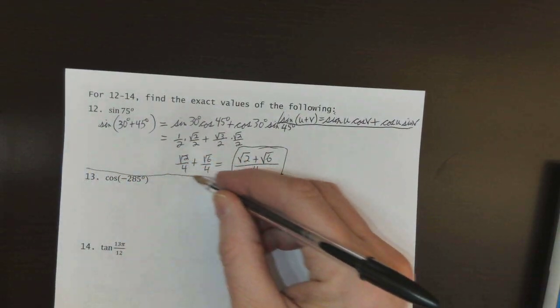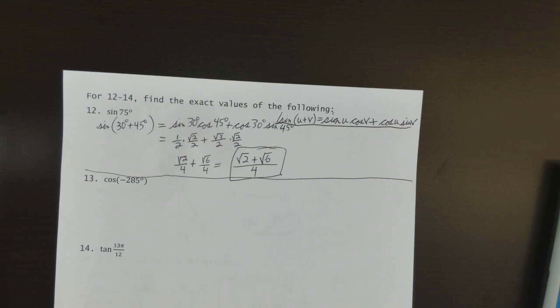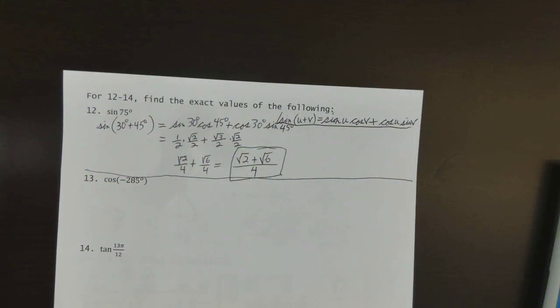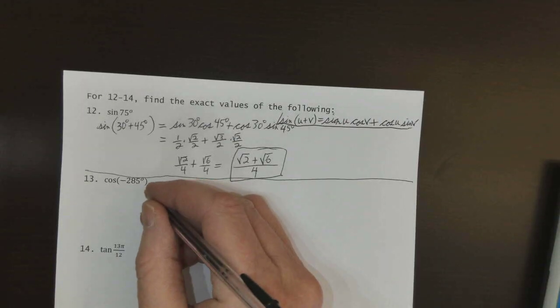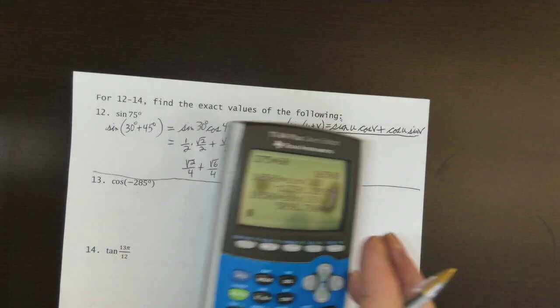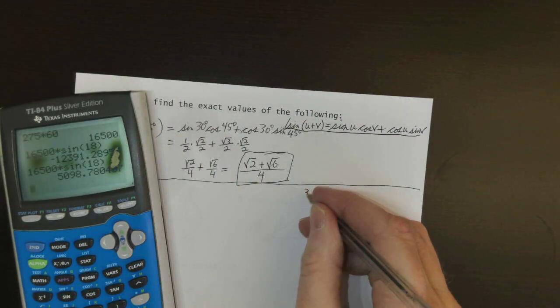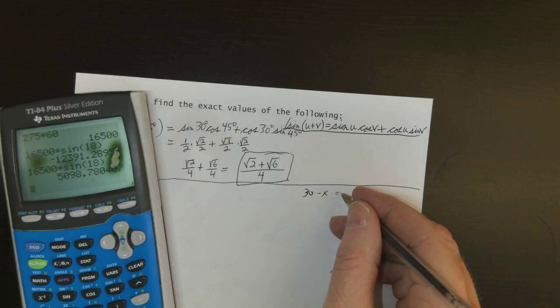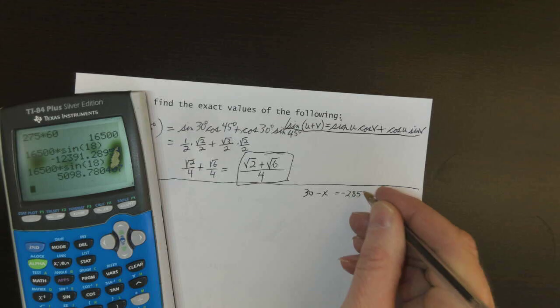All right, now how to make negative 285. Be looking at your unit circle. There are ways of going about it. I think I want to use a subtraction. I wonder if I can use a 30-degree angle minus something equals negative 285.